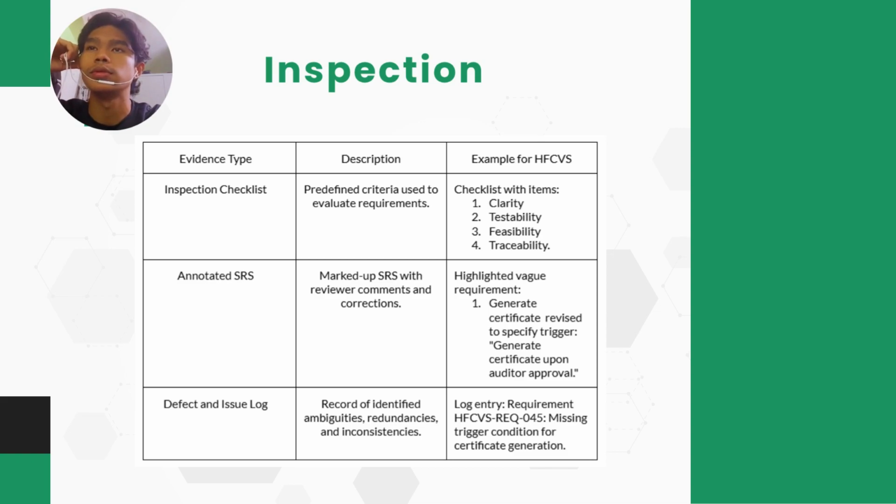This is the result and also how we do the inspection, where we use criteria, for example clarity, testability, feasibility, traceability, and so on to inspect our requirements. We also check our SRS with the comments, do some corrections, and detect some defects or issues, for example requirements missing triggers and conditions.